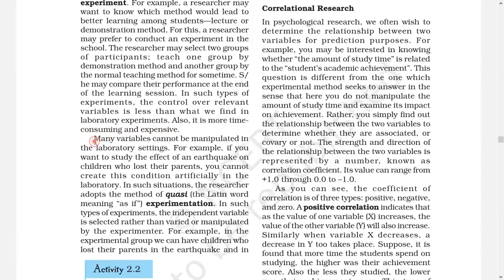Many variables cannot be manipulated under laboratory settings. For example, if you want to study the effect of an earthquake on children who lost their parents, you cannot create this condition artificially in the laboratory. Natural disasters cannot be controlled.